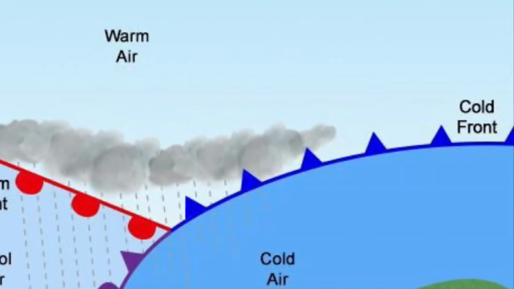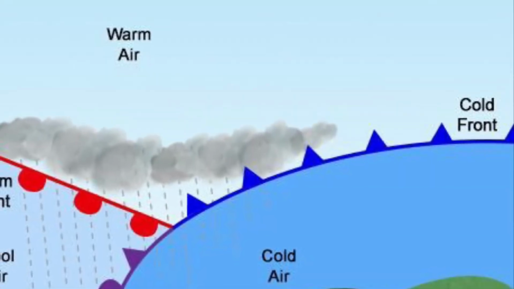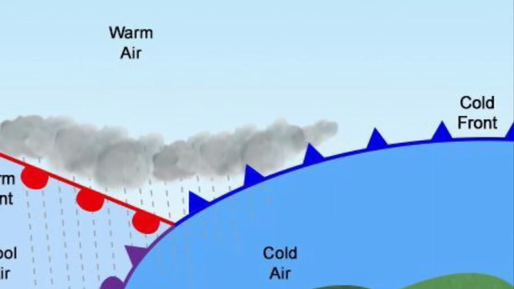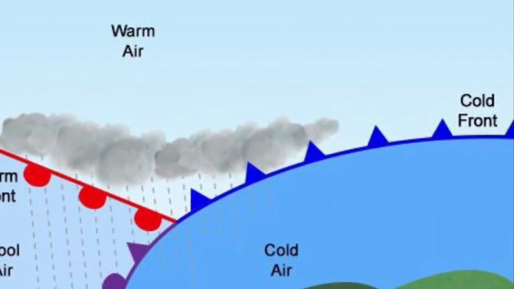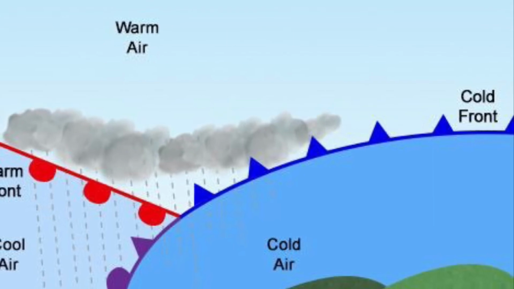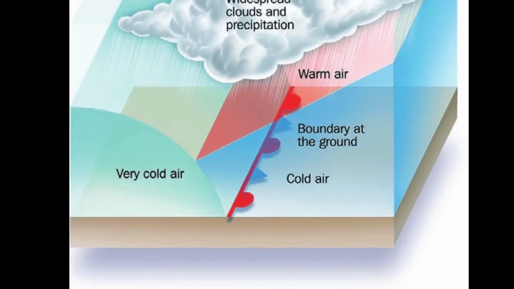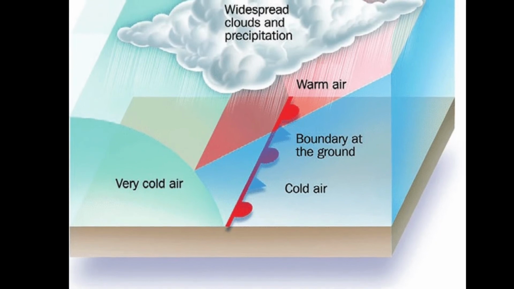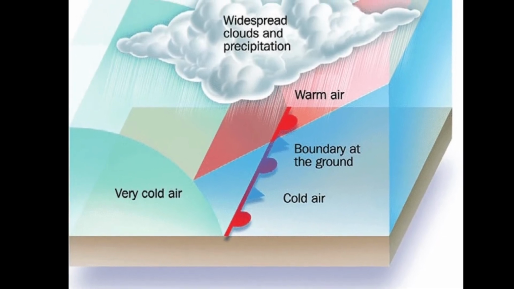And then last but not least, there's the occluded front. This specific front happens when a faster cold air mass is overtaking a warm front. The faster air mass wedges itself underneath the warm air mass and subsequently forces the warm air mass upwards off of the ground.